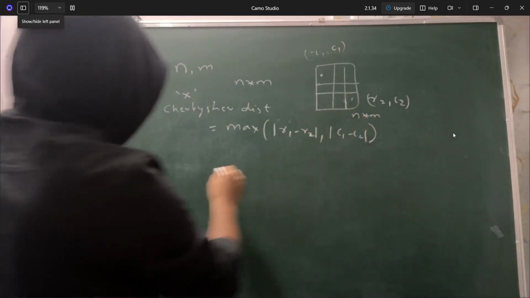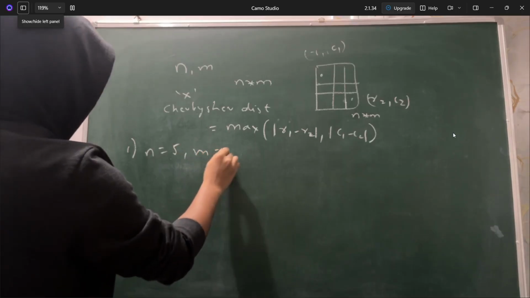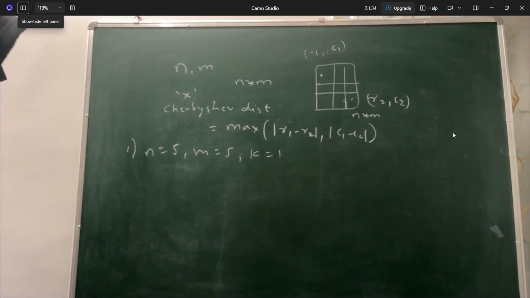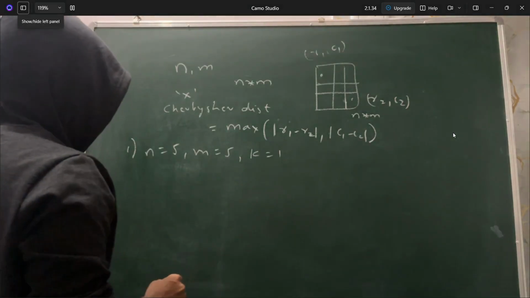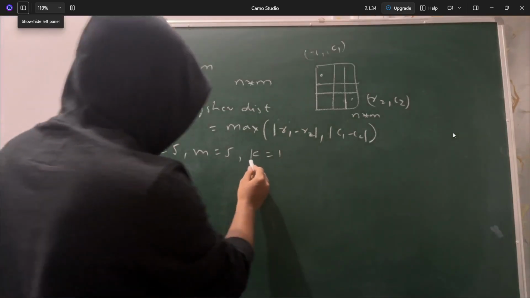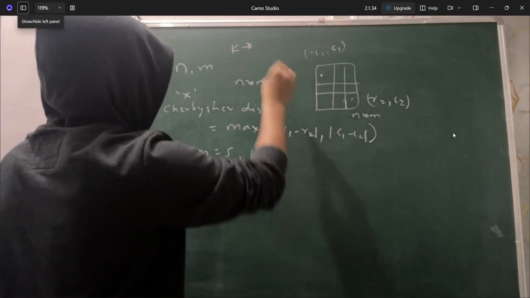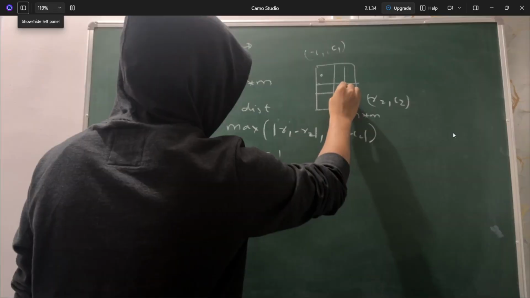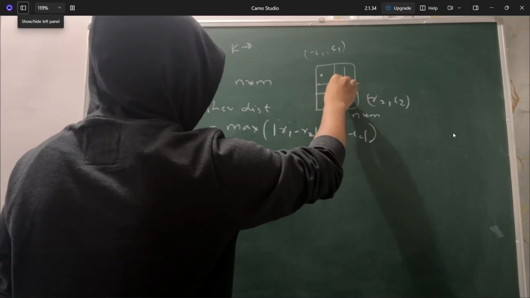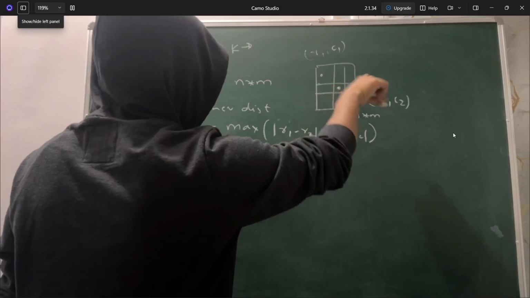So for the given example, n is 5, m is 5 and k is 1. Let me tell you the meaning of k here. If you place a sensor at some position, it can sense up to a distance of k units, either upward, downward, left, right, or diagonal.